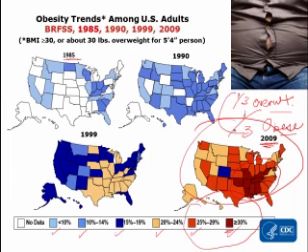But the combination of the two here is that 2/3 of the population is either overweight or obese, okay, which is a profoundly alarming proportion of the population at risk for all of these illnesses and diseases.